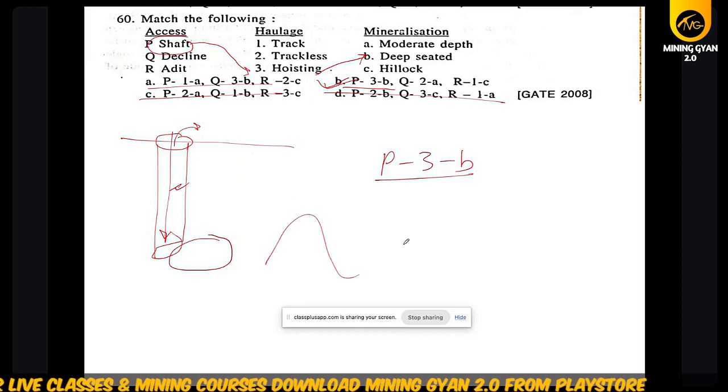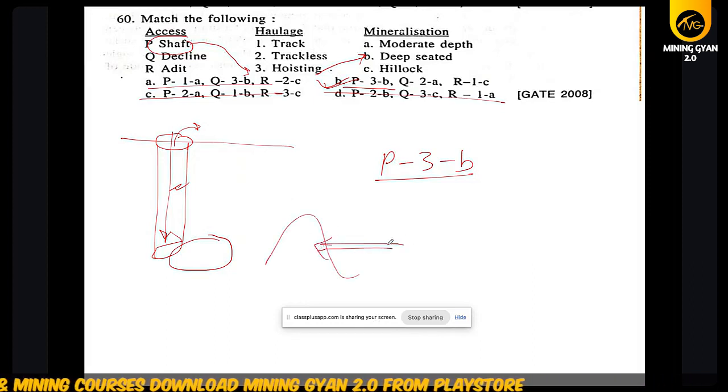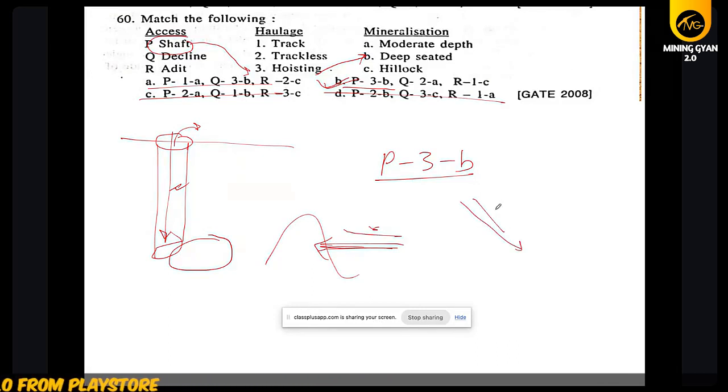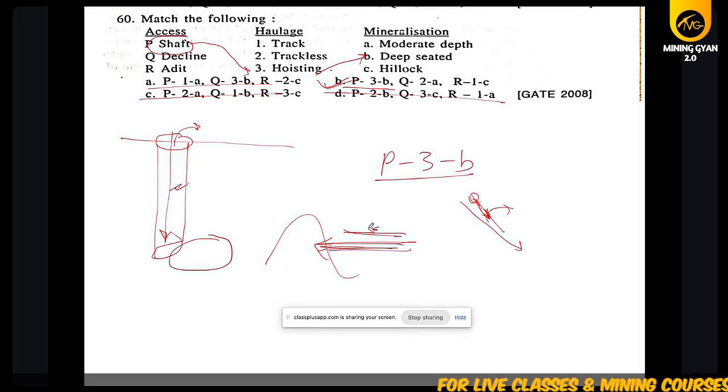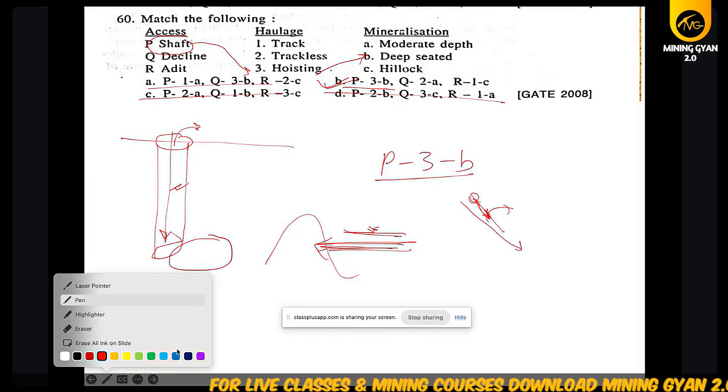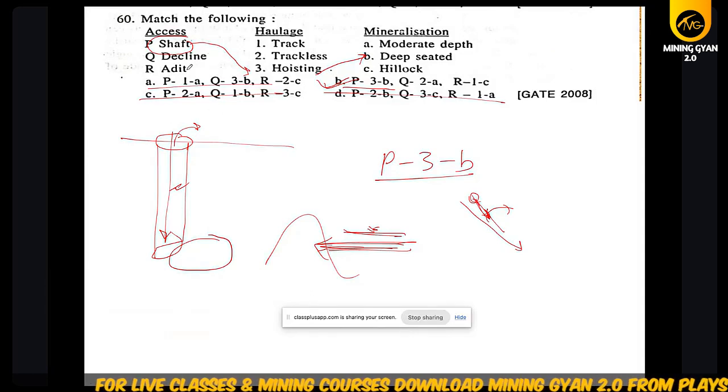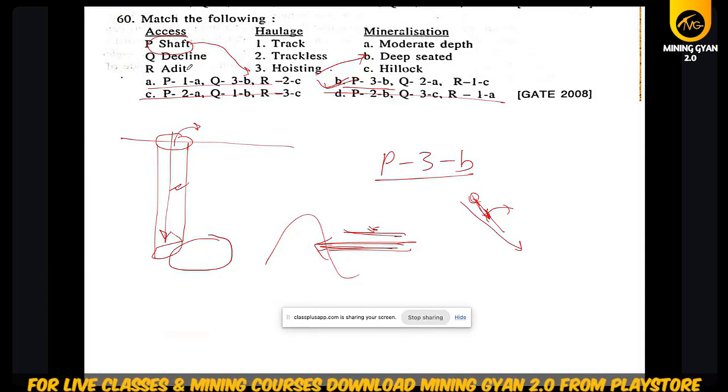Next, adit, as you know, is horizontal. So for the horizontal you will need a track, because in the incline, even if you do not have a track, gravity will help you, but in the horizontal you have to make a track. So for the adit you need a track.